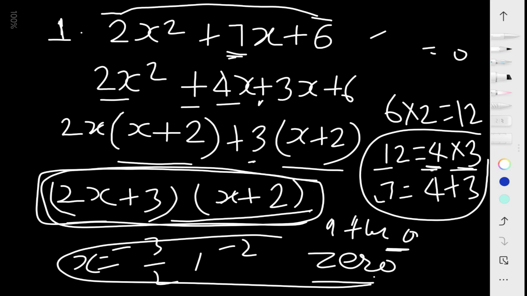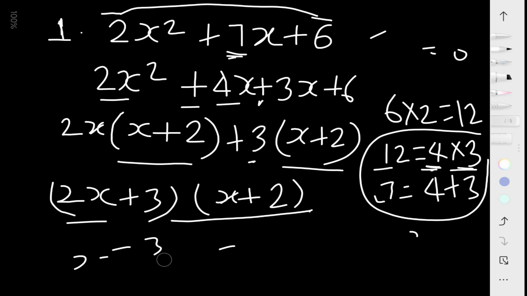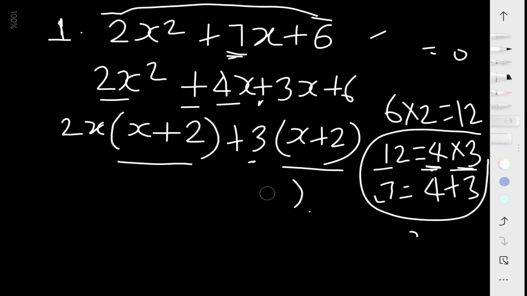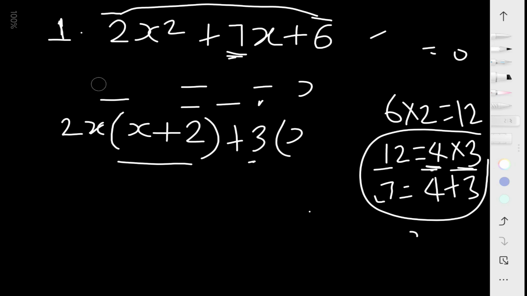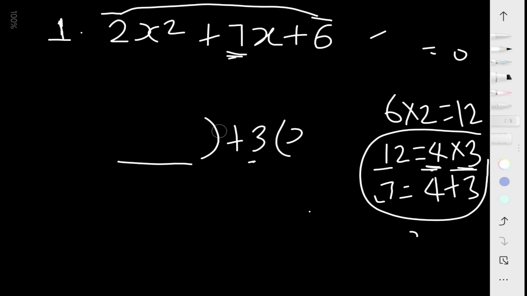First I will erase this one. Now I'll give you the second question, and I know you will solve this question, but there is plus in the first one and I will give you minus.